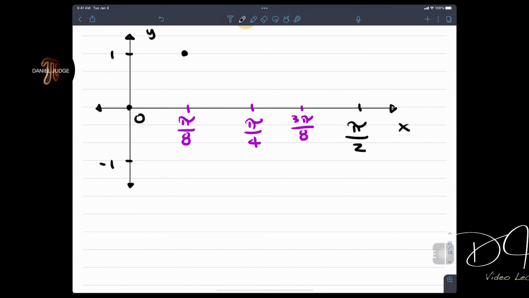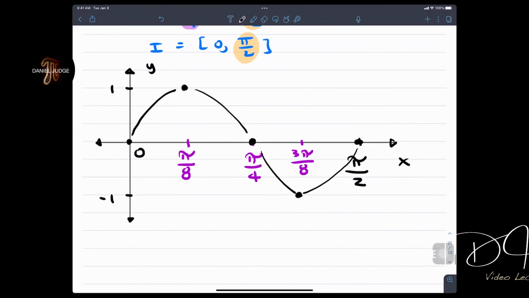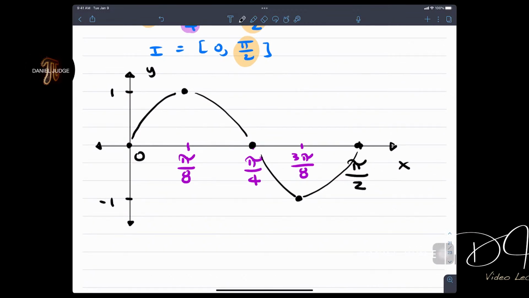You go up to the maximum value, you go back down to the x-axis, then you go to the minimum value, you go back to the x-axis. So here we go. And there you go, ladies and gentlemen.